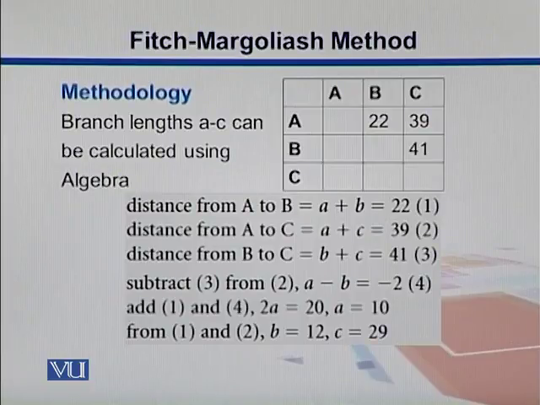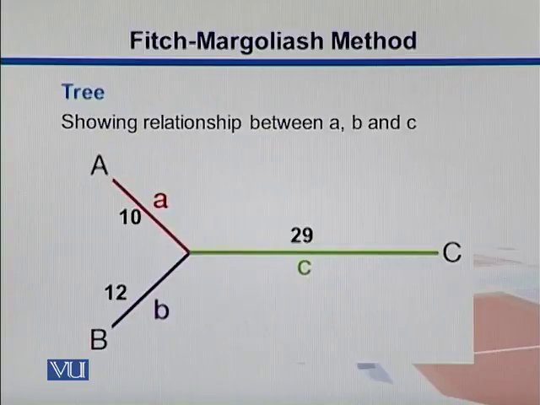So we found a. Now we can plug this value of a into any of equations 1 and 2. We come up with the value of b is equal to 12, whereas the value of c is equal to 29. So we take all these branch lengths and we can come up with a tree where A is connected with B through an internal node and with C also.